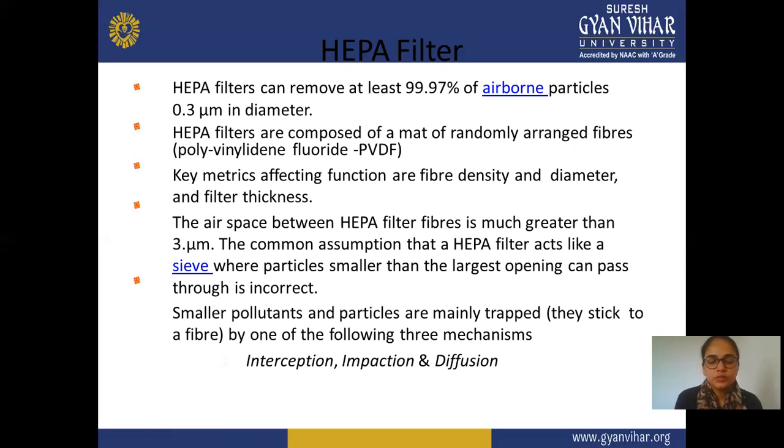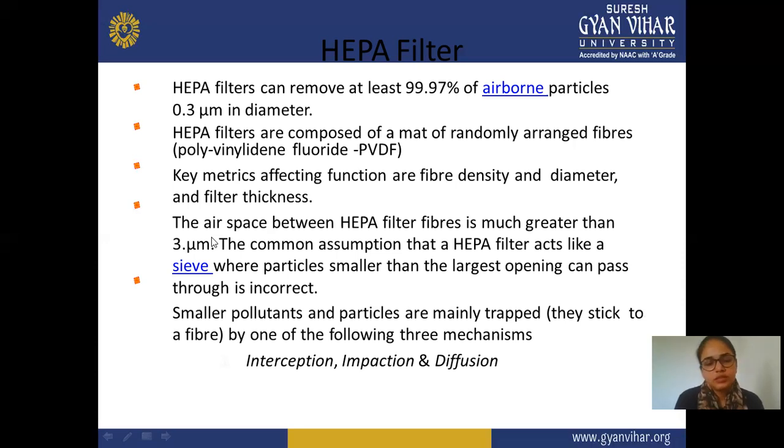In this, you first make sure to check the fiber density, thickness, and diameter. And the air space between the HEPA filter fibers is much greater than 0.3 micron, about 3 micron. Means the air space between these HEPA filter fibers is greater than 3 micron, and the common assumption that a HEPA filter acts like a sieve, where particles smaller than the largest opening pass through, is incorrect.